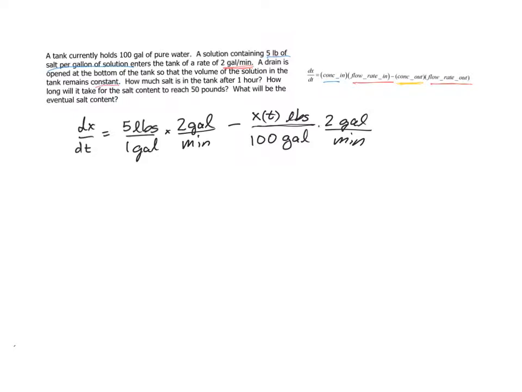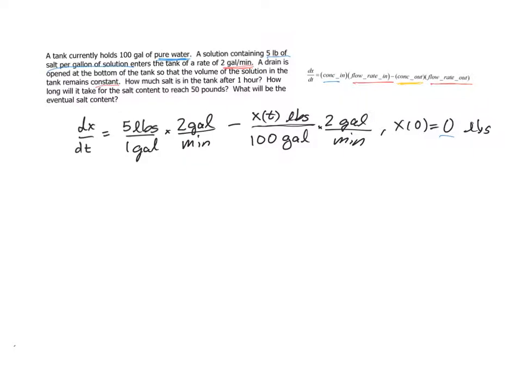So our equation is dx/dt equals 5 pounds per gallon times 2 gallons per minute, minus x of t pounds dissolved in 100 gallons times 2 gallons per minute. And our initial condition is x of 0 equals 0 pounds, because they tell us in the problem that we have pure water at the start. So pure water means there is 0 salt content in the tank.